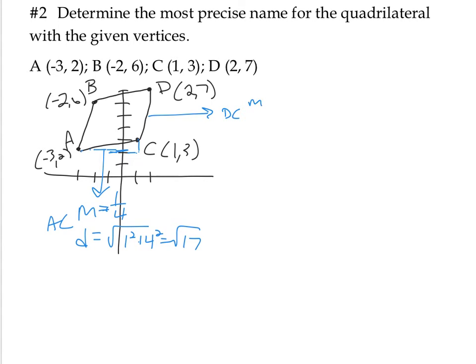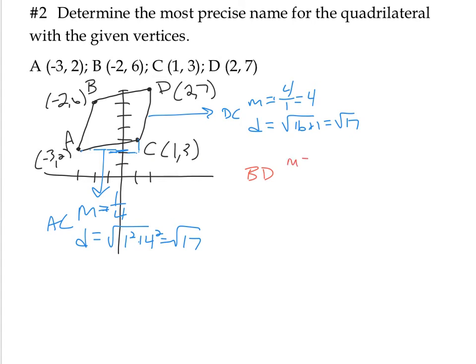DC has a slope of, we're going to rise 4 and run 1. So a slope of 4. And it has a length of the square root of 4 squared, which is 16, plus 1 squared, which is 1. That's a square root of 17. That's for side DC.